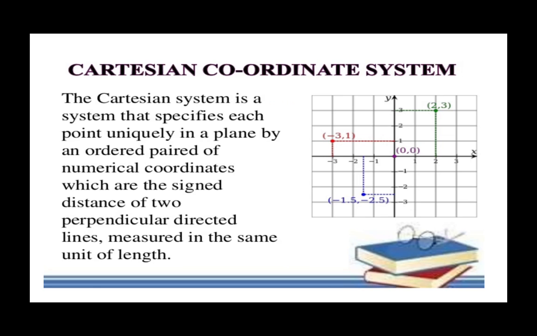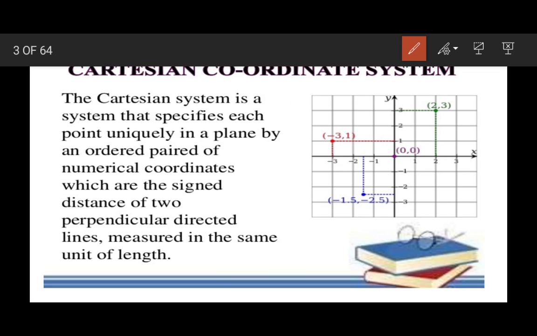What does this mean? I'm not going through all these words, I'm just explaining. Just look here. See this point 2, 3. This is a unique representation, right? Because here 2 is a single value, 3 is a single value. So when I say point 2, 3, that is a unique point.